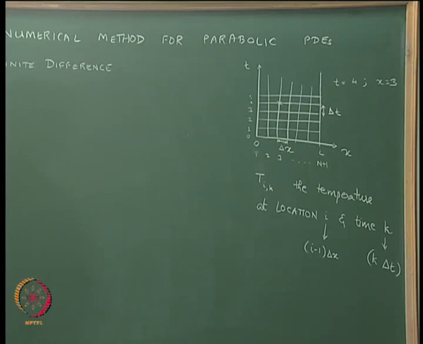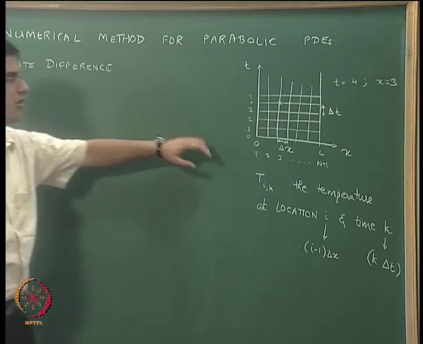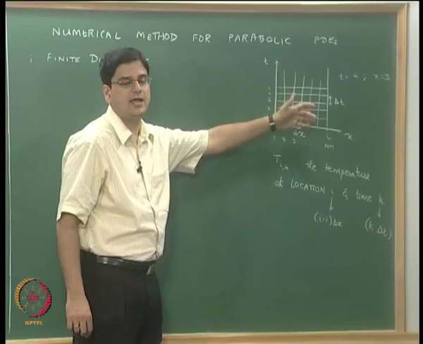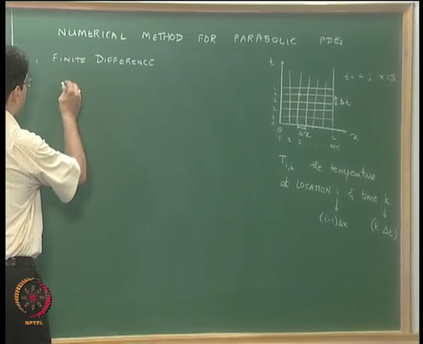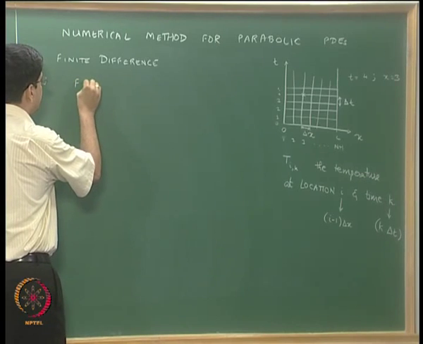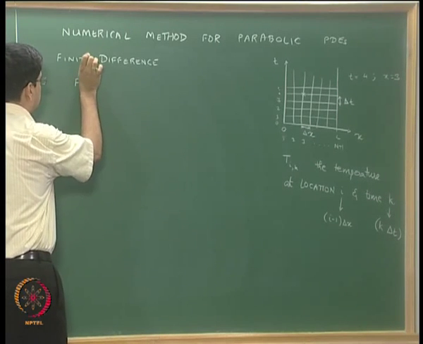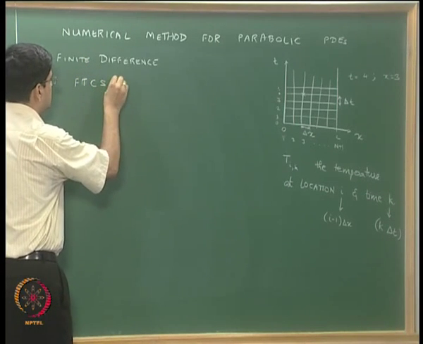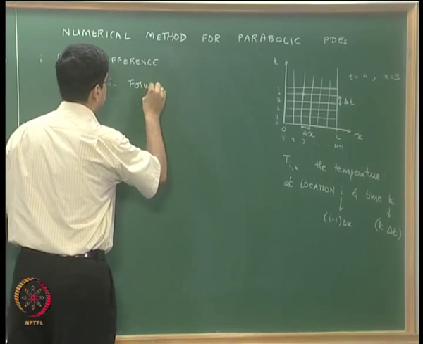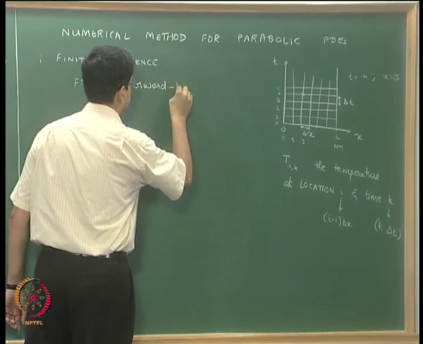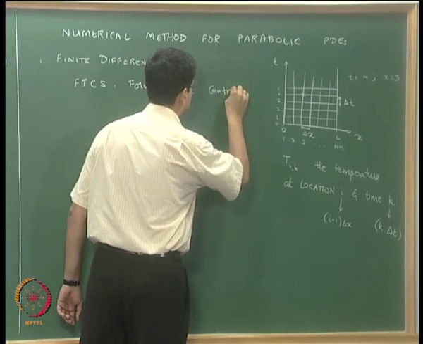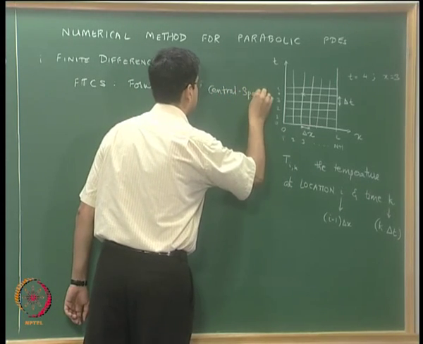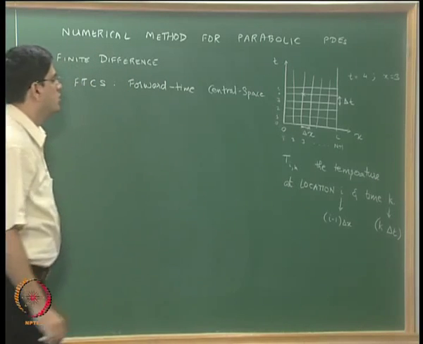Okay. So now we are going to use forward difference in time and central difference in space, and we will get a strategy known as FTCS, forward in time, central in space. Okay.